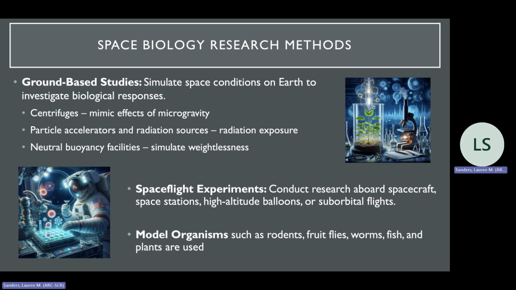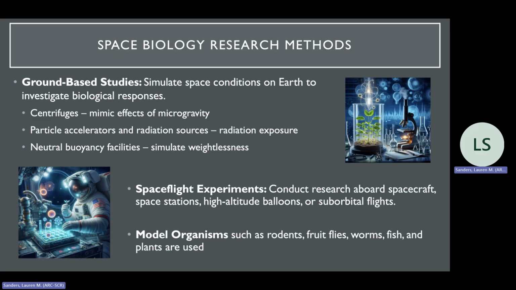So in order to study and try to help mitigate these health consequences and hazards, the space biology field employs specific research methods. Because sending samples into space is difficult and expensive, a lot of these studies do take place on the ground.